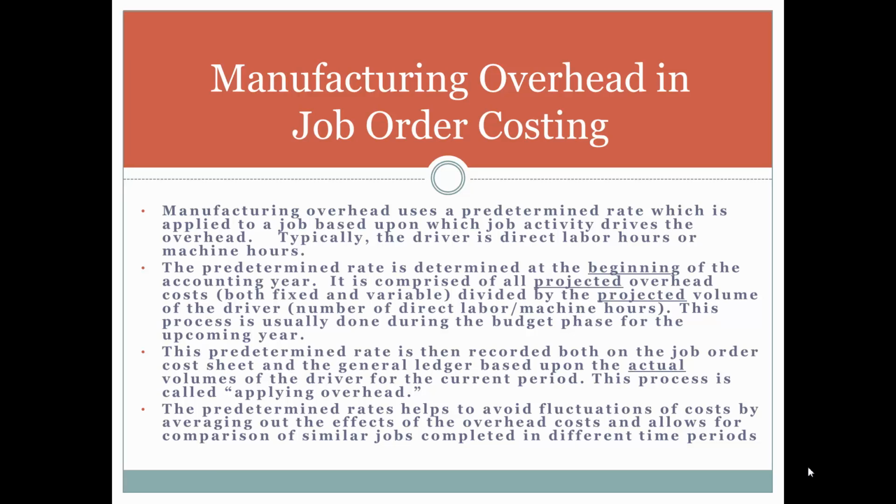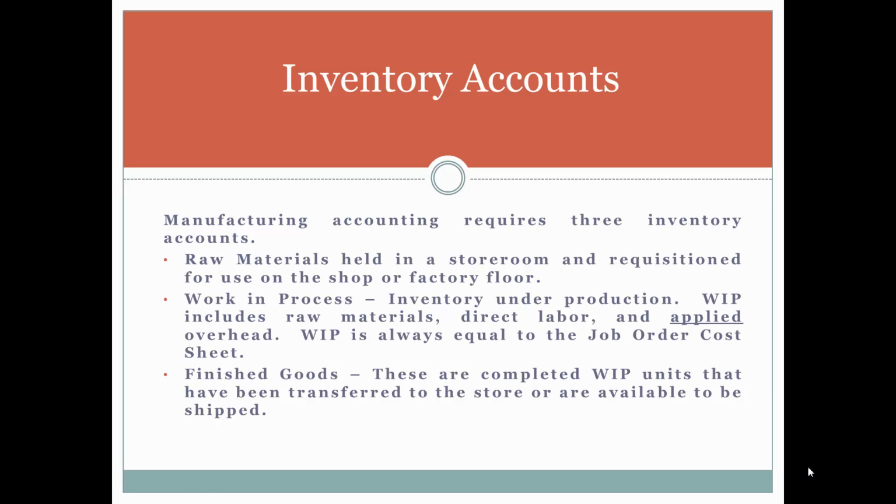And so by using a predetermined rate that averages out the cost of overhead throughout the entire year, it means that all of your jobs, whether performed in June or December, depending upon when electricity might be higher or lower, will be comparable because you're going to be using the same rate to apply to all of the jobs.